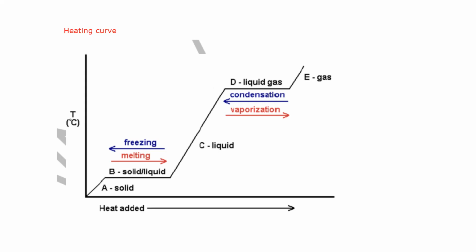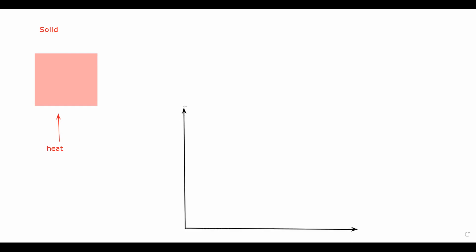So for example, you have a solid initially, and you're heating the solid. When you're supplying heat energy to a solid and plotting a graph for this change, it can be time on the x-axis and temperature on the y-axis.